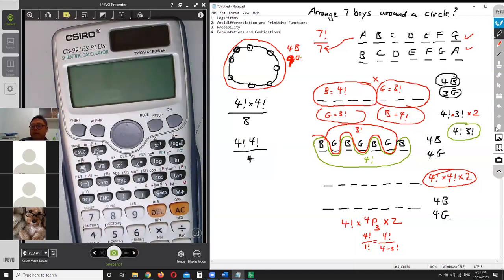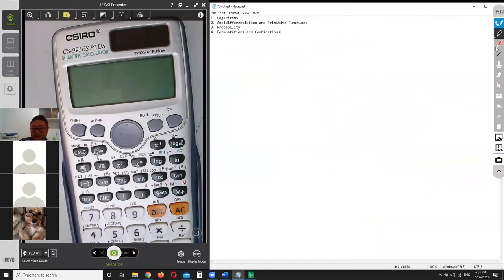Okay. You ready? Because we're going to move on to the next thing now, which is what we call a combination. Now, a combination is a selection. A permutation, do you remember what permutation was?